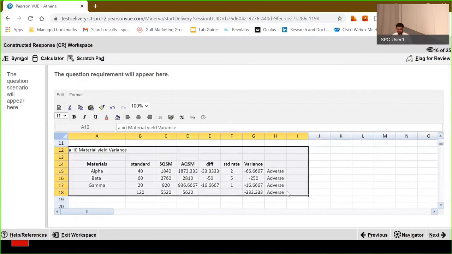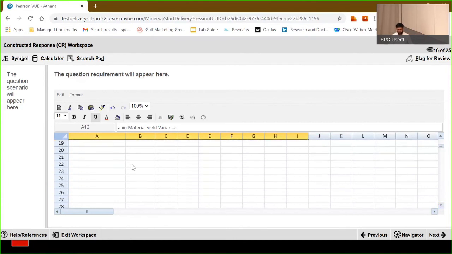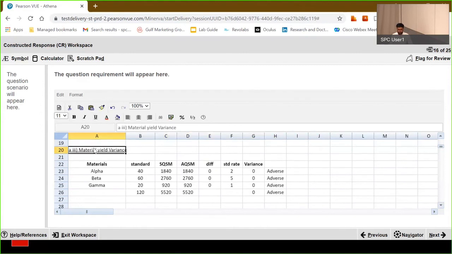Now the last requirement is left. Again, I'll copy this format and we'll calculate material usage variance. So material usage formula is standard quantity in standard mix compared with actual quantity in actual mix.